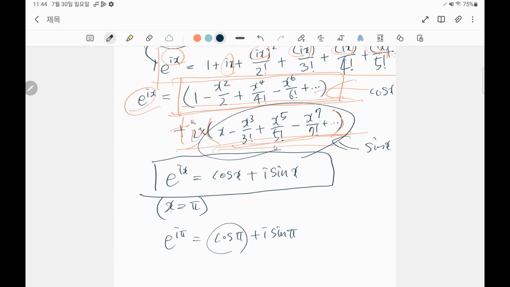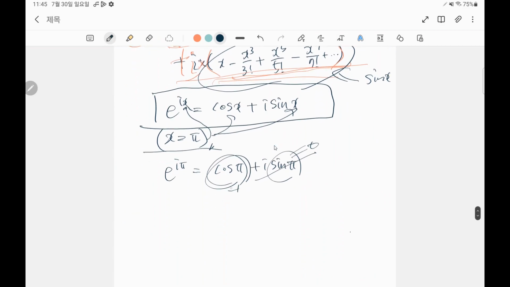If you plug in x equals pi, because any real number x satisfies this equation, you get e to the i pi equals cosine pi plus i sine of pi. Sine of pi equals 0, so this term goes away, and cosine pi equals minus 1.